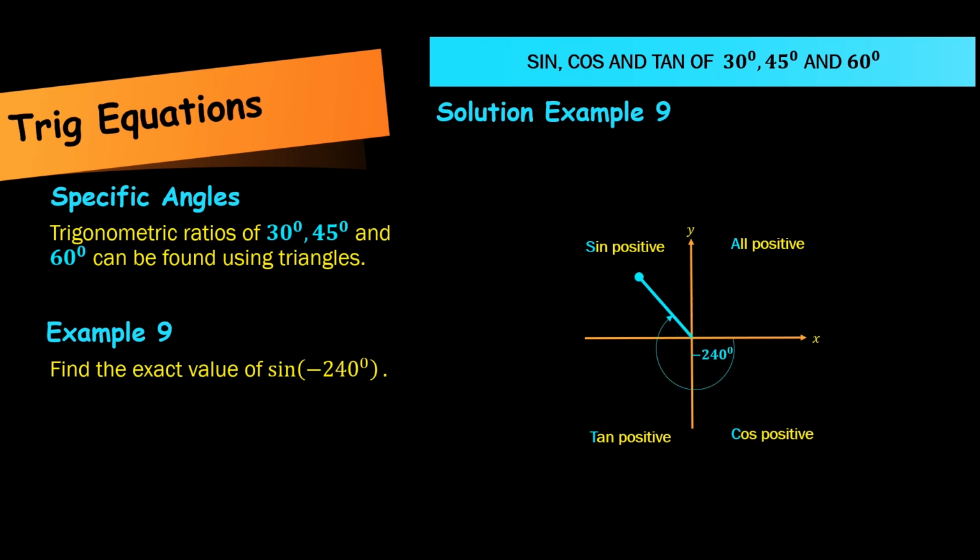Our angle is minus 240 degrees, so we go clockwise because it's negative. And this angle now lies in the second quadrant. Therefore, this is equivalent to 120 degrees.